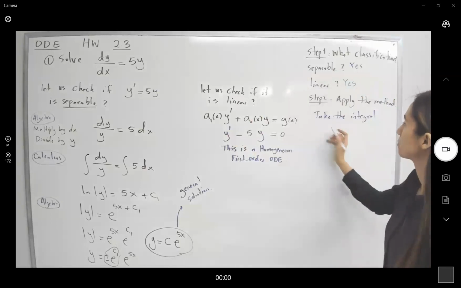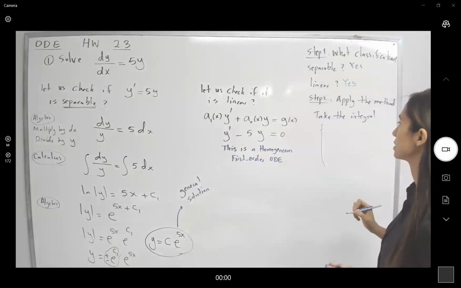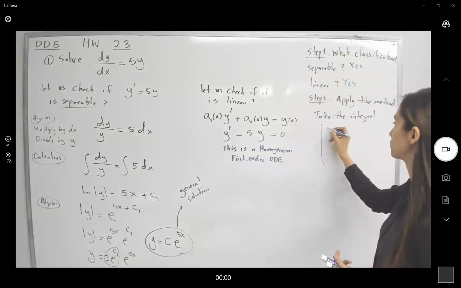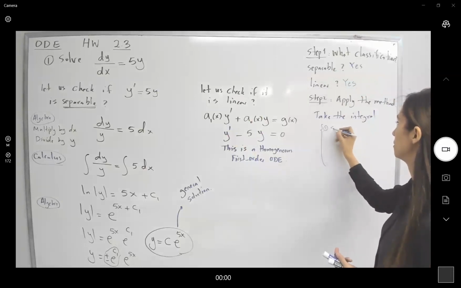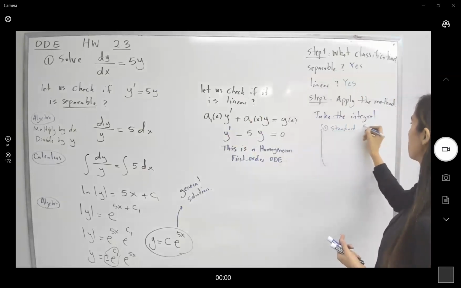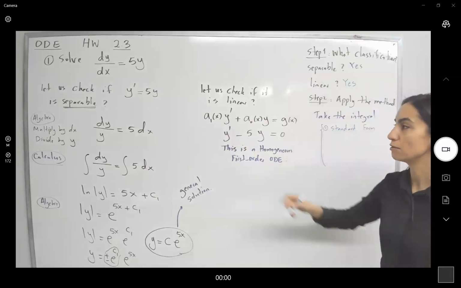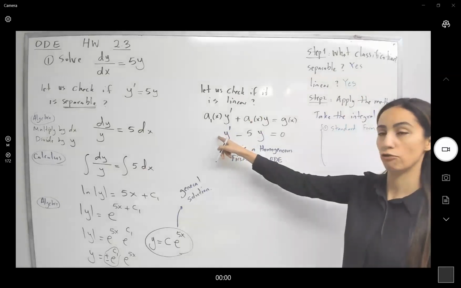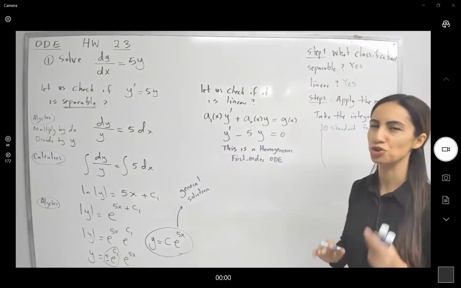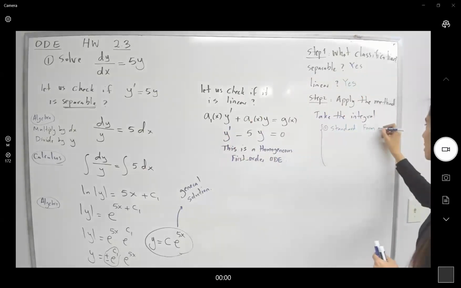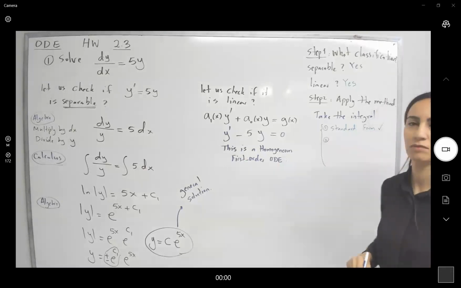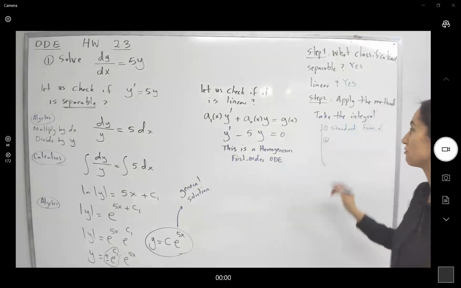So we have to follow some steps. For a linear one, you have to write it in standard form. So step 1, standard form. It means that we have to have the coefficient of y prime be 1. You're lucky in this case. The coefficient is just 1. We're not worried about this. So this is checked. Step 2, find the integrating factor.